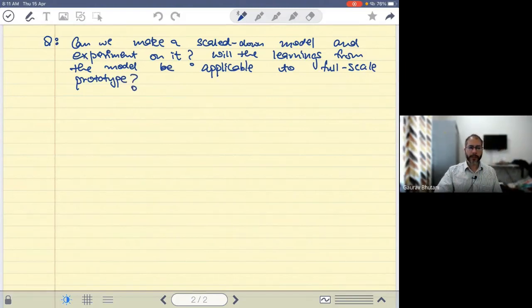okay, so the first question is, can we make a scale down model and experiment on it? I mean, of course we can experiment, but the question is, will the learnings from the model be applicable to the full scale prototype? So if I do an experiment on a miniaturized wing in a wind tunnel or in some water tunnel, then will I be able to apply whatever I learn?